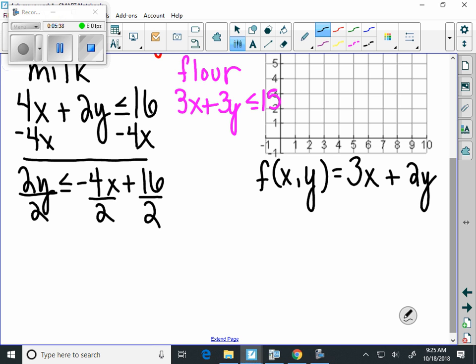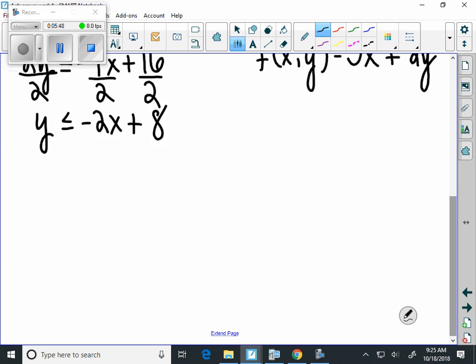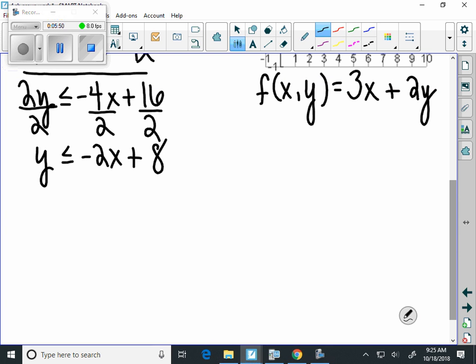We're left with y is less than or equal to negative 2x plus 8. From there, we can identify our y-intercept is 8, and our slope is negative 2 over 1.